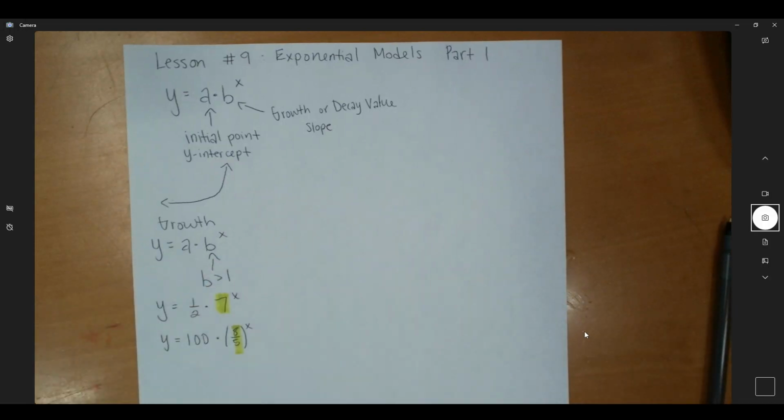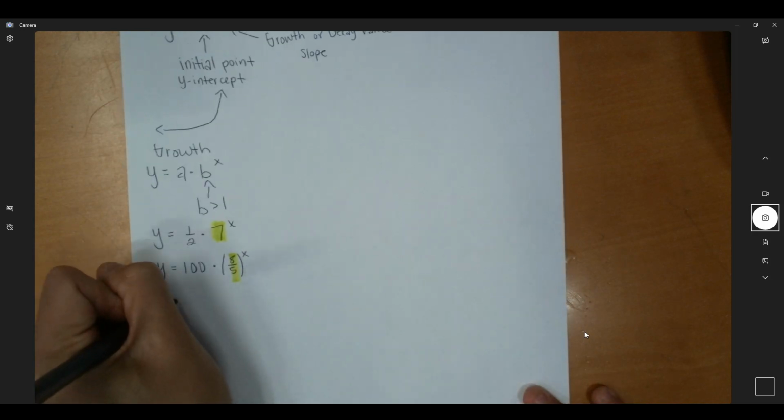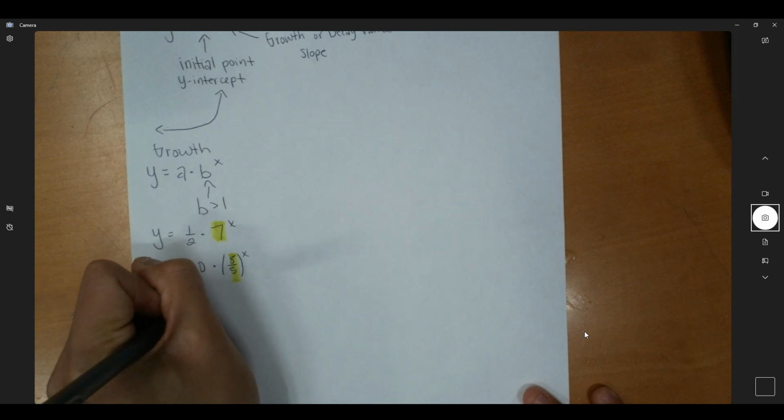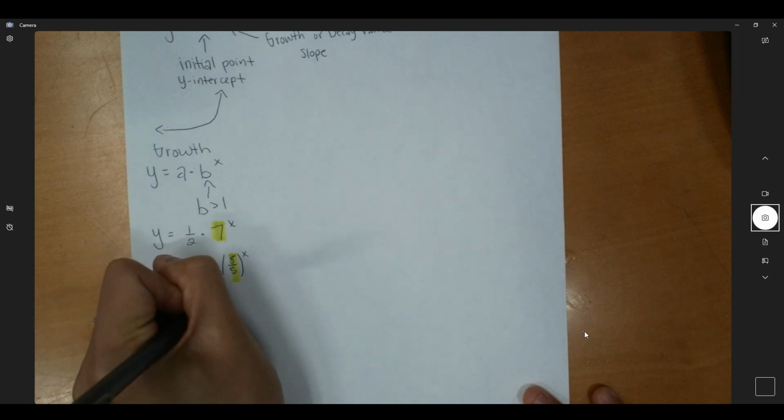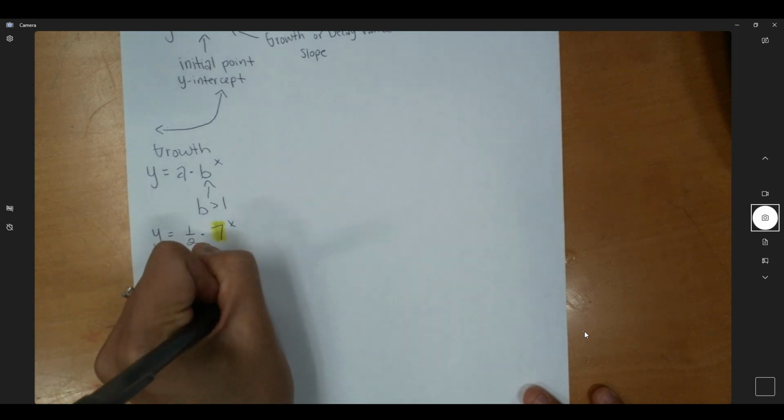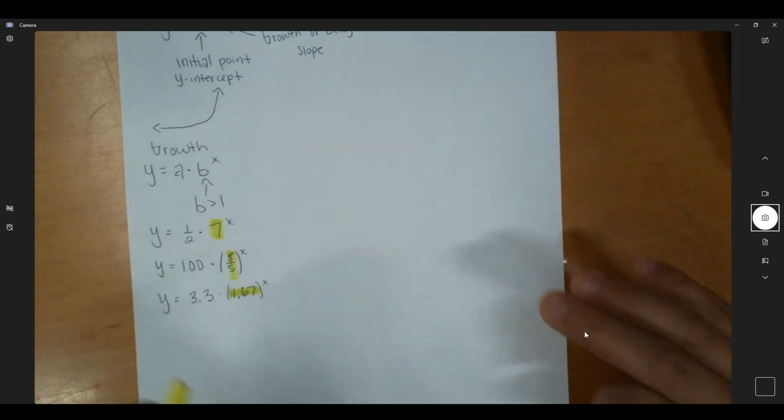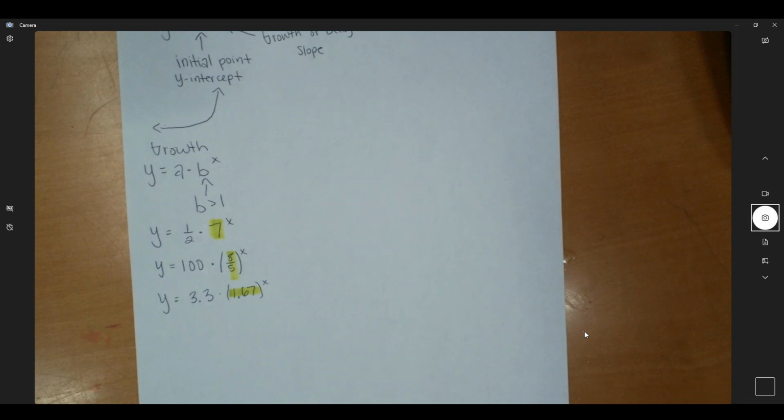So that can be changed to 1 3/5. So that's greater than 1 again, which is why it's growth. So 1.67 is greater than 1. So again, another example of growth.